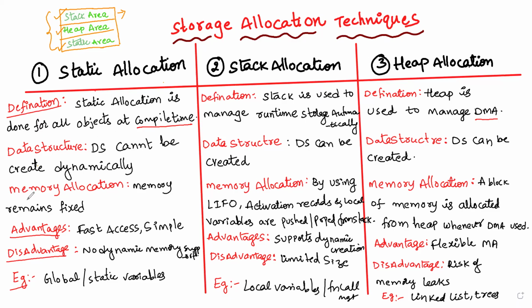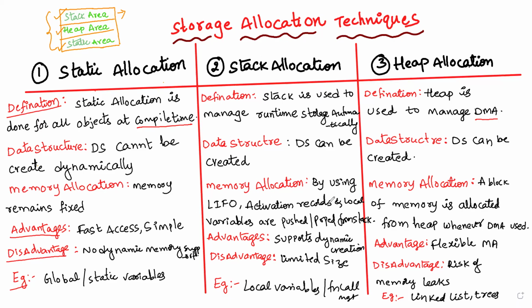So third one, let's see memory allocation. How is the memory allocation in static, stack, heap? In static, memory remains fixed, but when you go for stack, it uses LIFO. What does LIFO mean? Last in, first out.